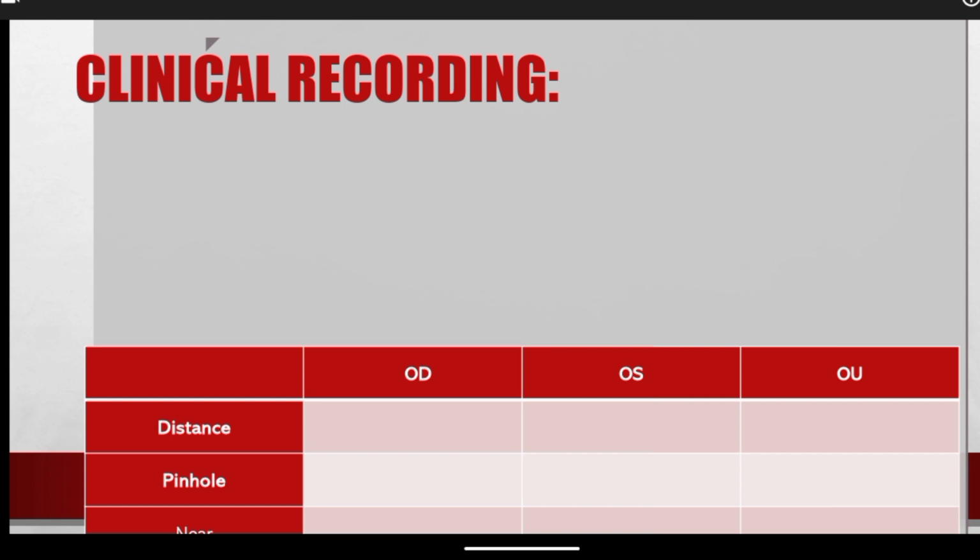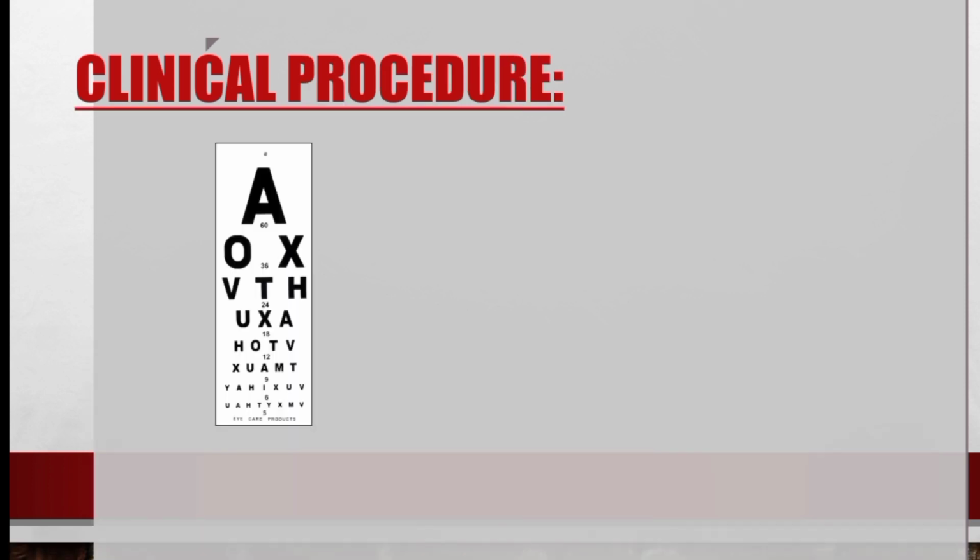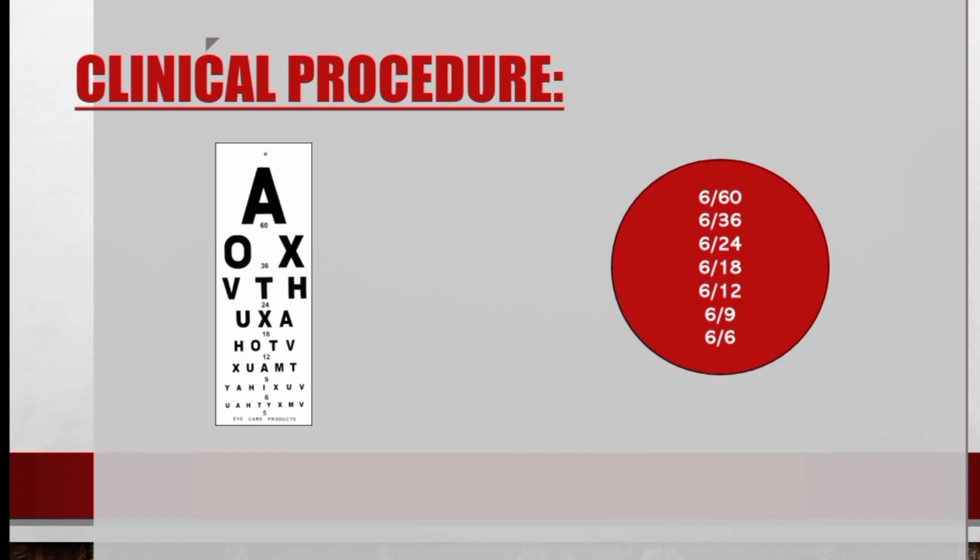Now in the next slide we will see how to clinically measure the visual acuity. Okay, so this is a very familiar picture to all of you. This is a picture of the Snellen's chart, and all the letters are called Snellen's optotypes. So we will record the visual acuity as 6/6, 6/9, 6/12, 6/18, 6/24, and it may go up to 6/60.